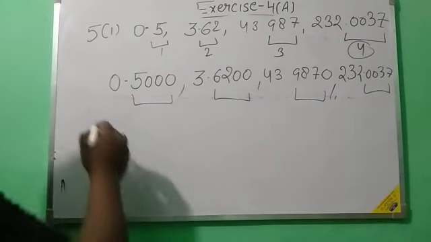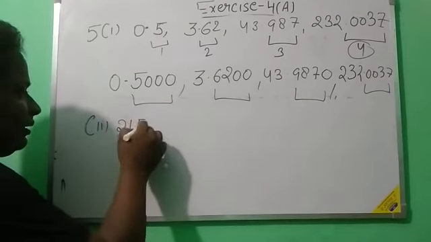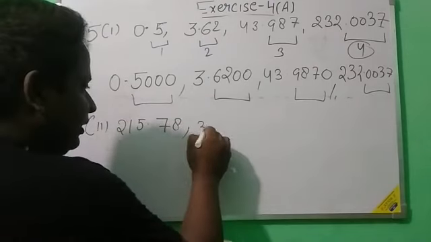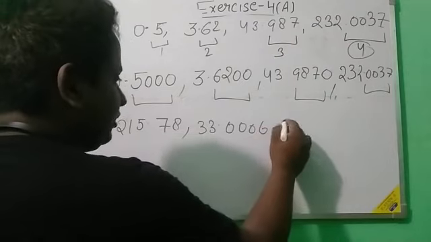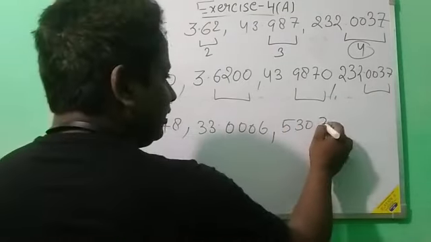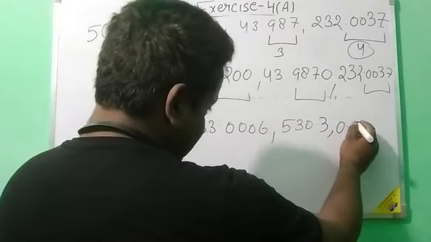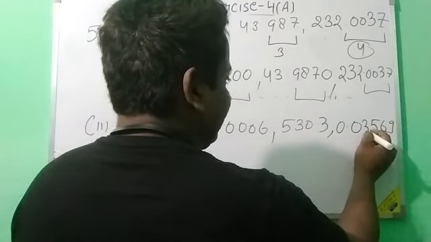Second part also I am solving. 215.78, sorry, 33.0006, 530.3, and in the last you have 0.03569.